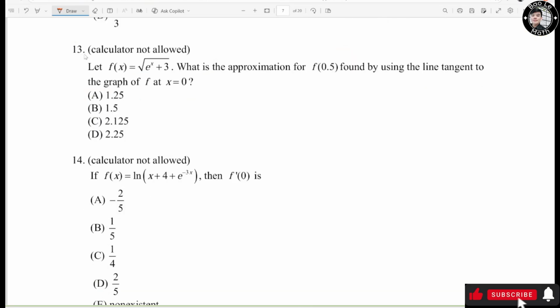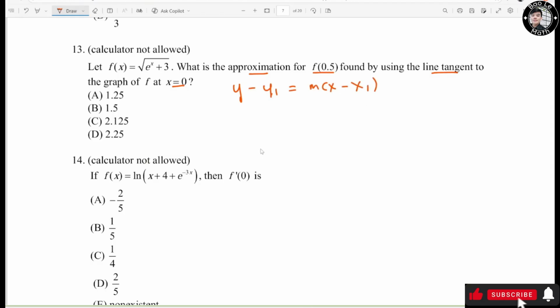Now question 13. Let f of s be square root of e to the s plus 3. What is the approximation for f of 0.5 found by using the line tangent to the graph of f at s equals 0? So we need to use the point-slope formula: y minus y1 equals m times s minus s1.